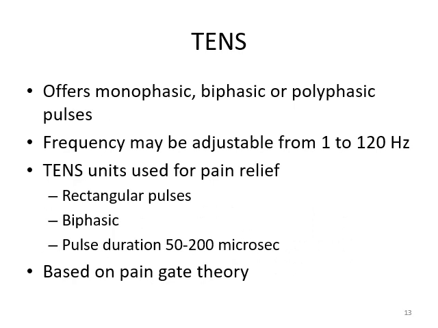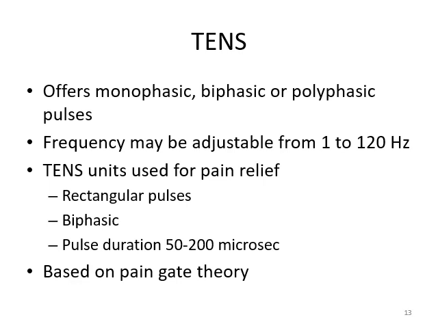Most of TENS modalities offer monophasic, biphasic or polyphasic pulses. The frequency of these pulses is adjustable in the range of 1 Hz to 120 Hz, in which they can stimulate the sensory as well as motor peripheral nerves.